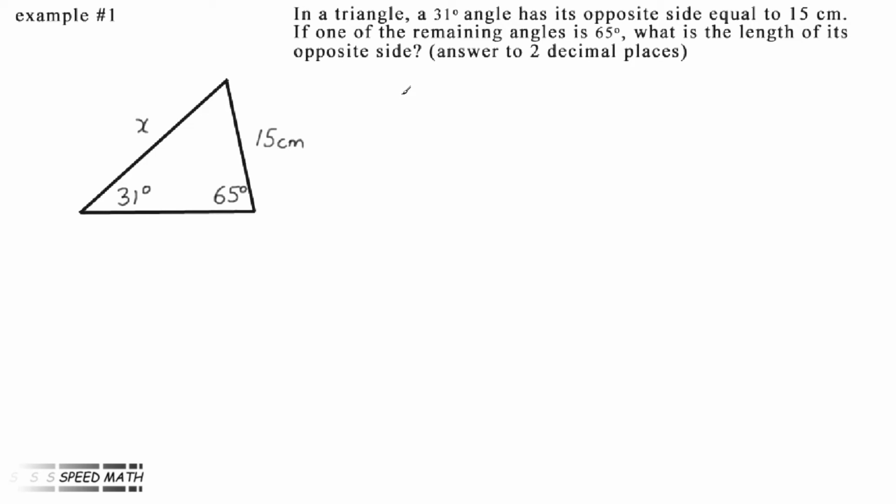First, we state the rule using the sine rule and immediately put in the numbers for the sides and the angles. 15 divided by sine 31 degrees equals x divided by sine 65 degrees.